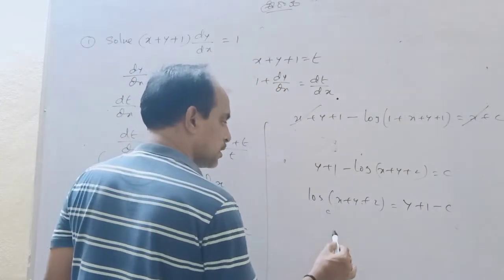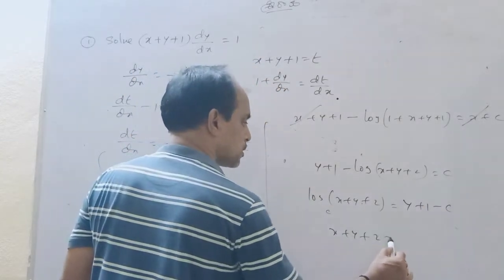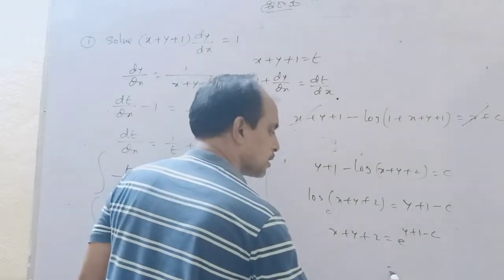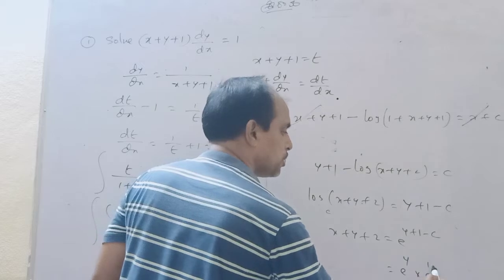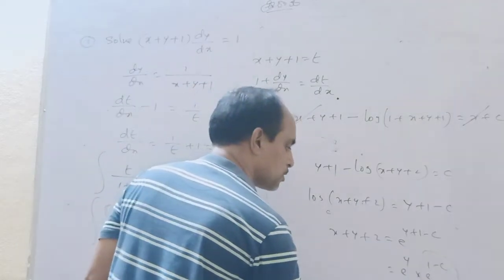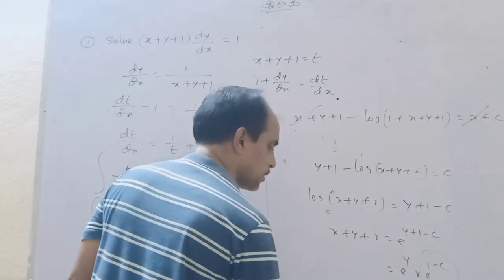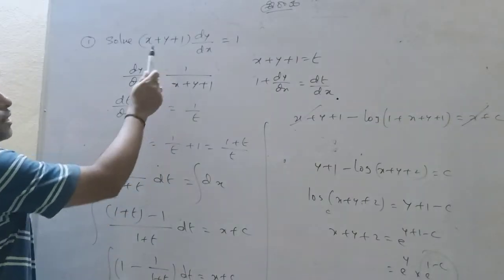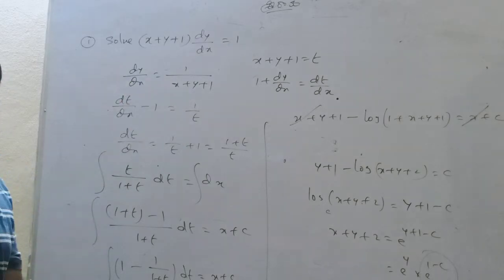Now base is e, x + y + 2 = e to the power of (y + 1 - c). That is e^y into e^(1 - c). This is also a constant. We can write k. So k into e^y. This is the simplest method to find the solution of this differential equation.